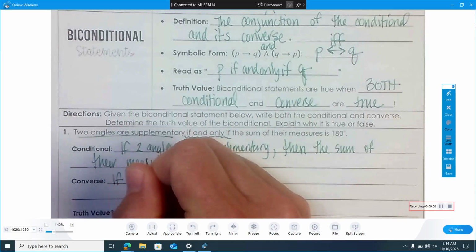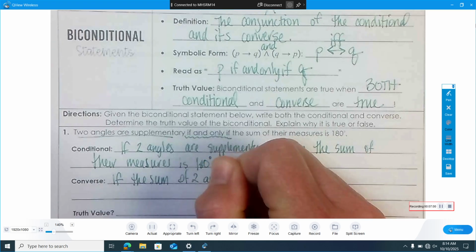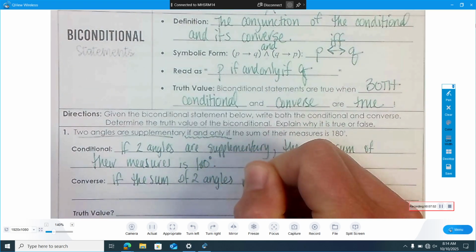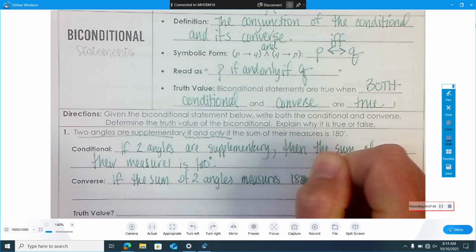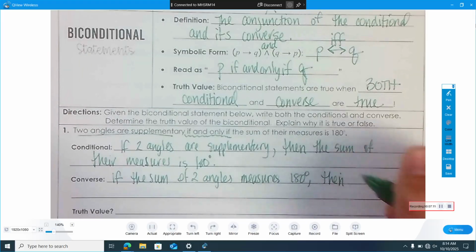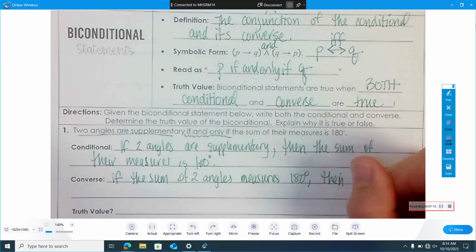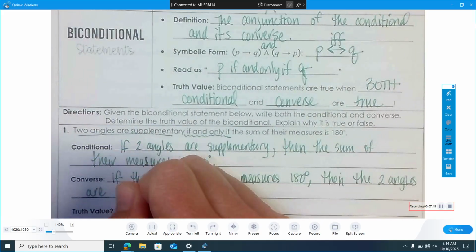If the sum of two angles measures 180 degrees, then the two angles are supplementary.